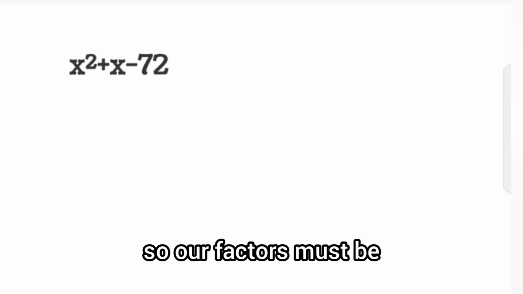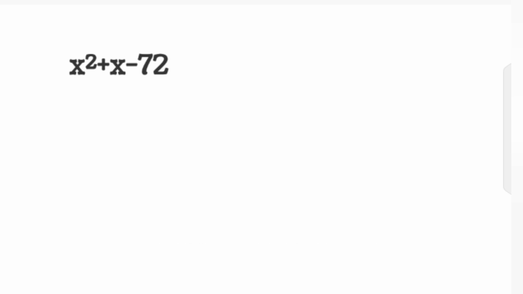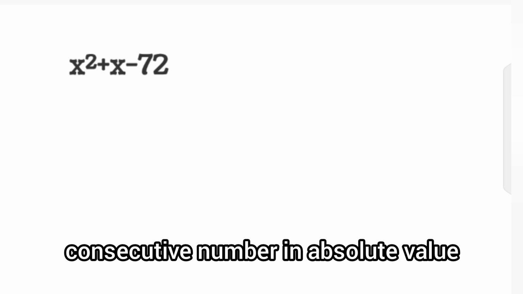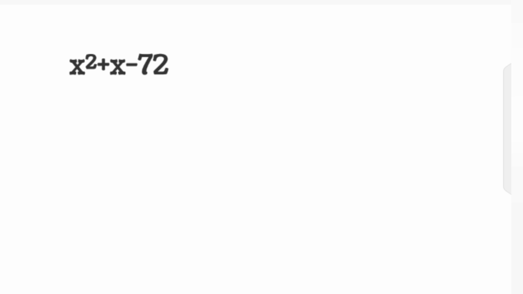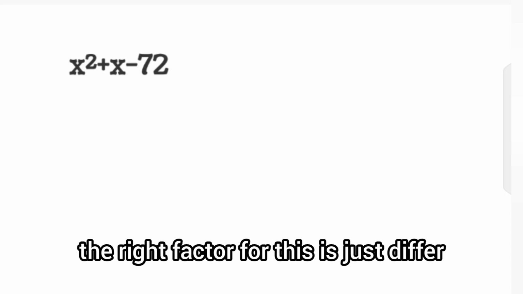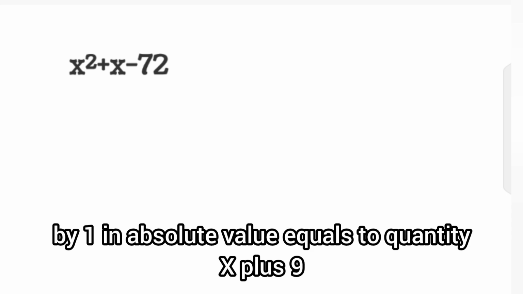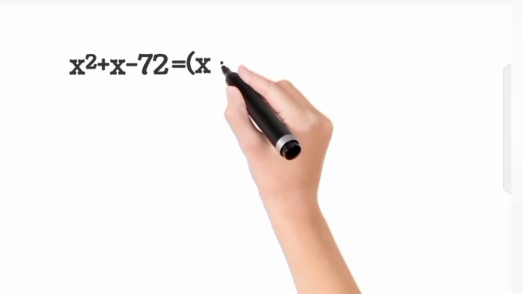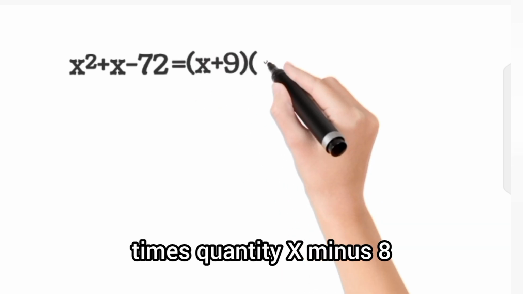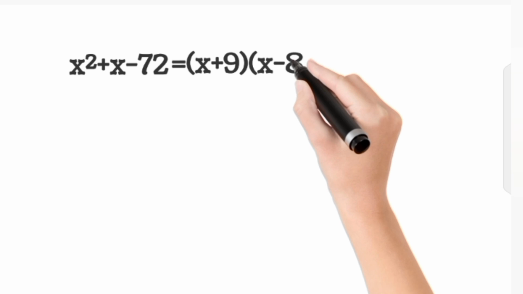So our factors must be consecutive number in absolute value. So the right factor for this just differ by 1 in absolute value. It's equals to quantity x plus 9 times quantity x minus 8.